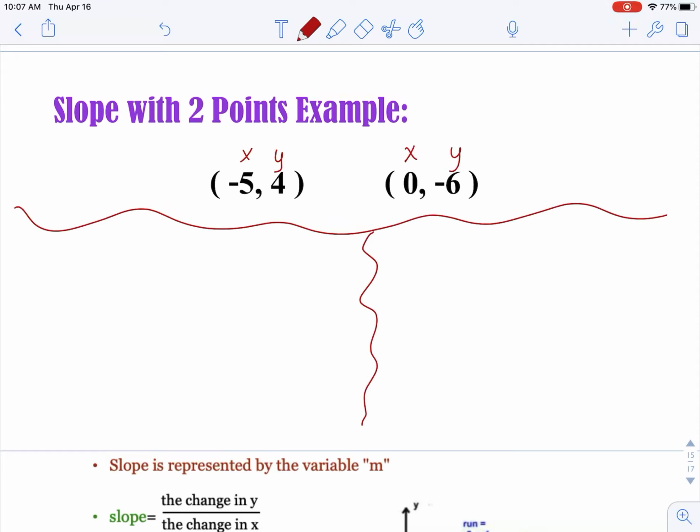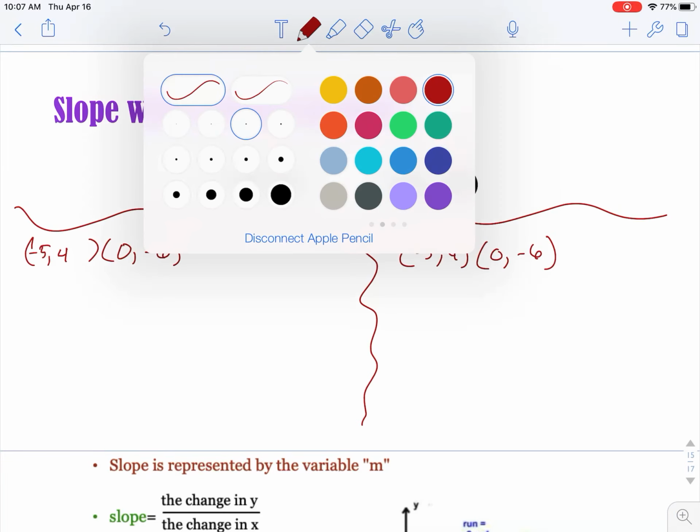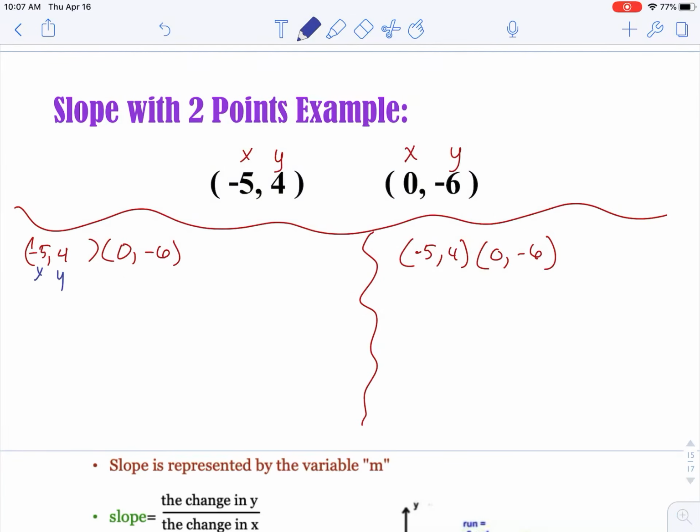And I'm going to have you decide which one you want to be your x1, y1, which one you want to be your x2, y2. I'm not going to walk through it slowly. So I want you trying it on your own. All right, here we go. This one I'm going to first do in that order, and this one I'm going to do in this order.